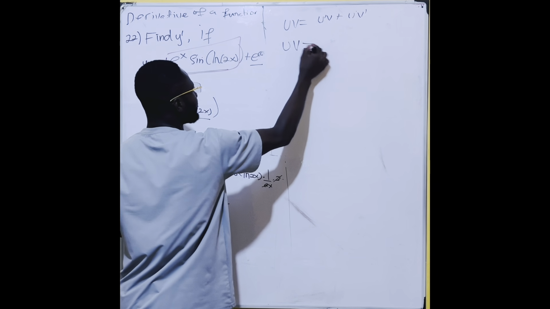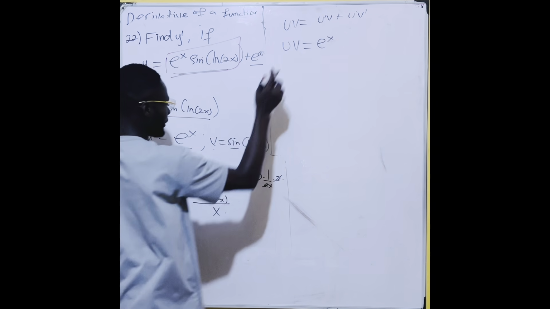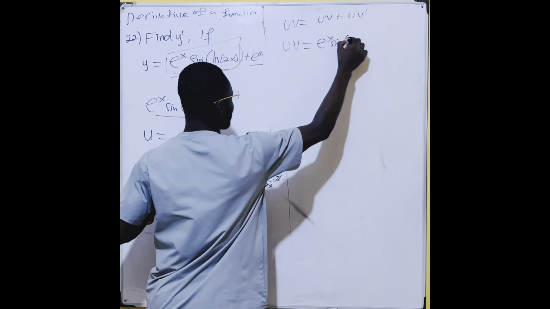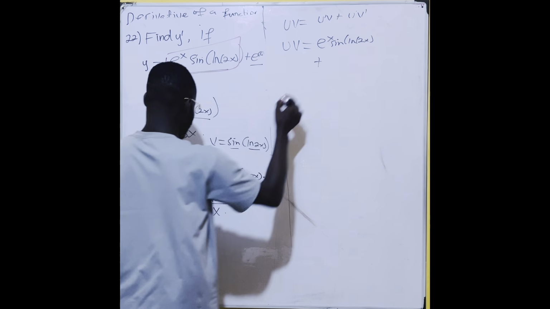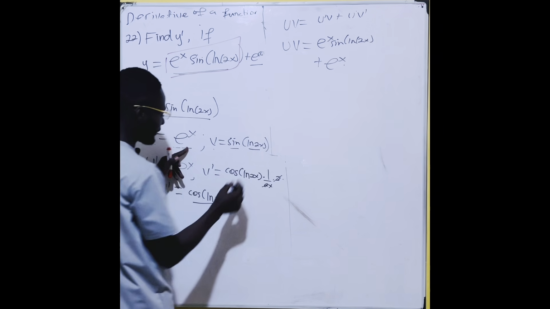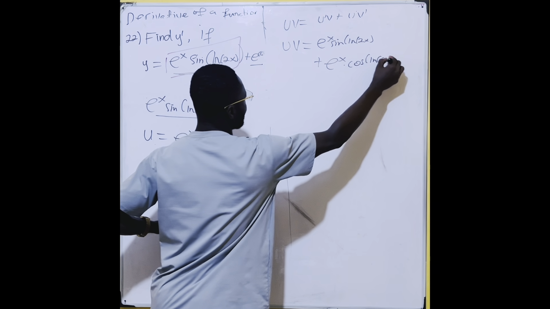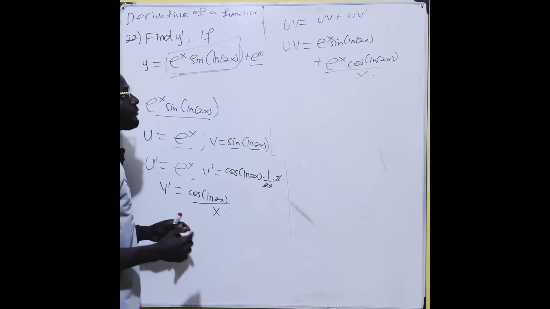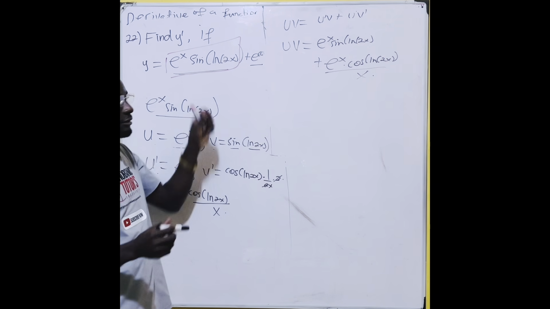So we're going to have u prime e to the x, and v is sine into ln into 2x, plus our u is e to the x times our v prime is cos into ln into 2x divided by x. So this is the derivative of the first part, right?